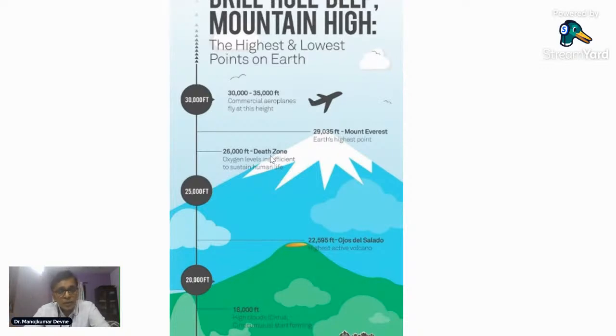And that's why summiting Mount Everest without an oxygen cylinder is a feat in itself. It's fantastic credit to those who do that. Of course, it's very risky, and a few mountaineers have lost their lives because they were not able to sustain through the very low percentages of oxygen at this height.